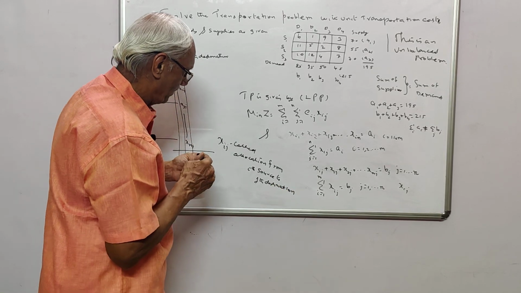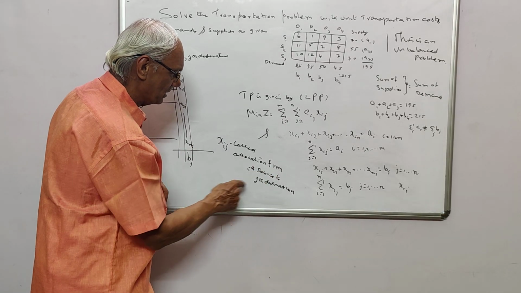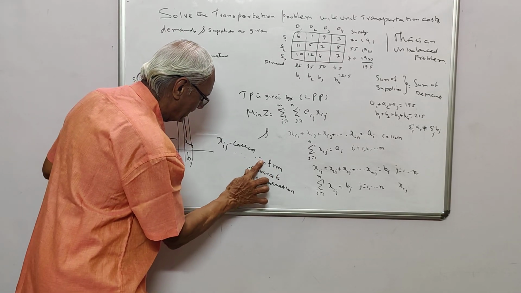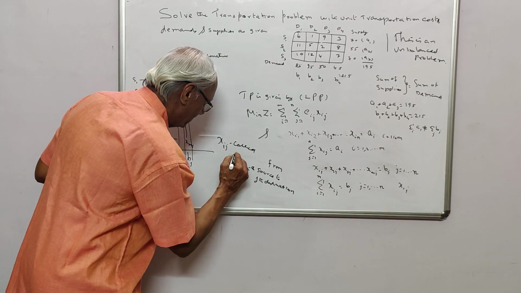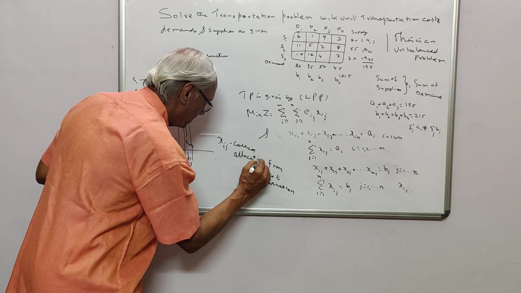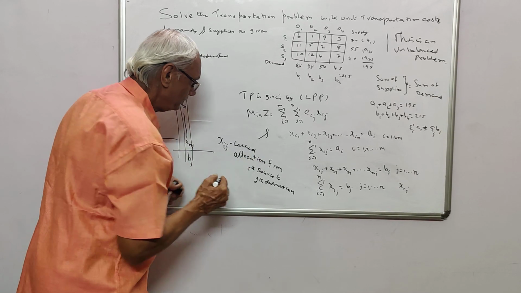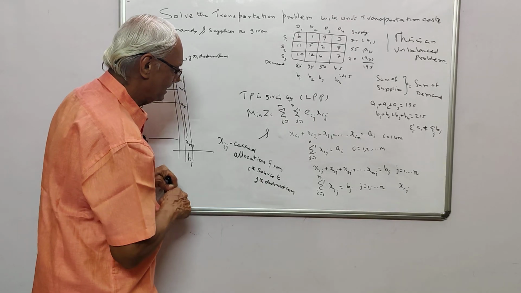So by Xij I mean it is called the allocation. I'll write this. This is an important word that you must understand. So this is the allocation from the ith source to the jth destination.